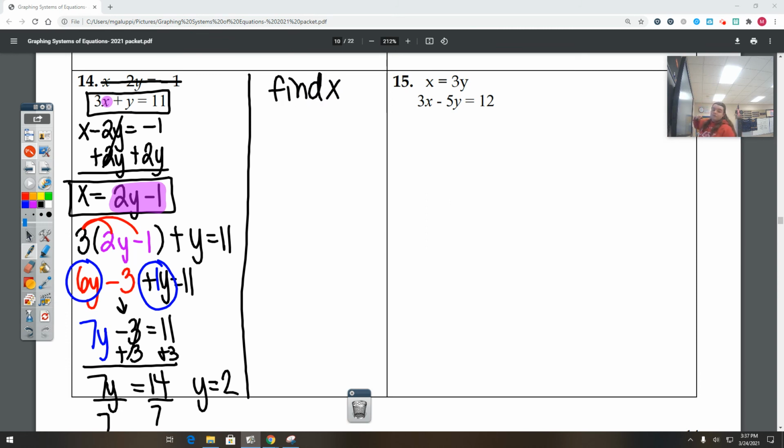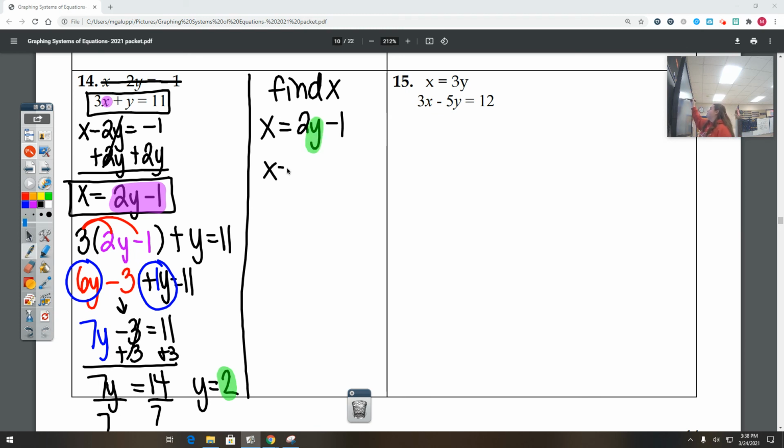I know from the equation that I rearranged that x is equal to 2y minus 1. I'm going to use that because it's already x equals. It's going to be a lot less solving for me. So instead of y, I'm going to substitute in 2 because I know that y is equal to 2.